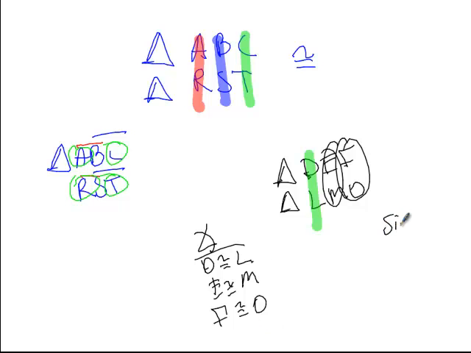What about sides? Without even looking at a triangle, we can do this just on the way they're written. DE is congruent to LM. EF is congruent to MO.